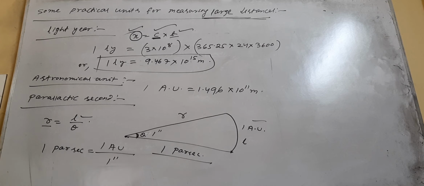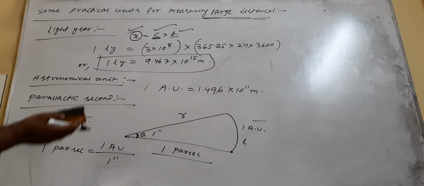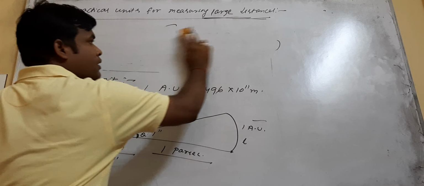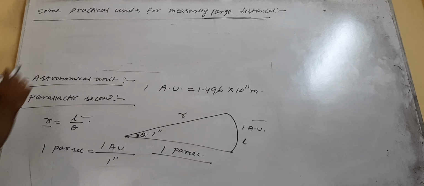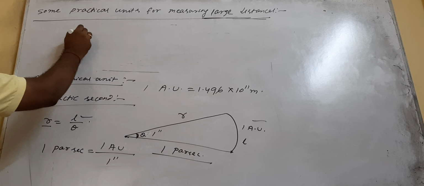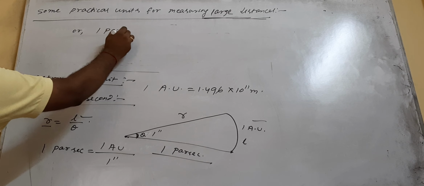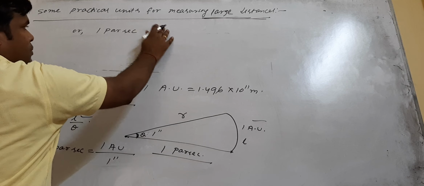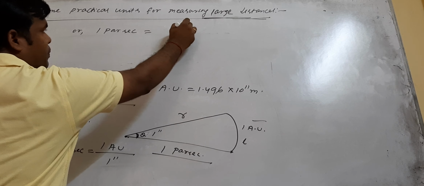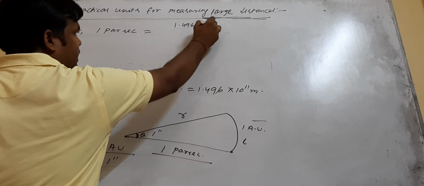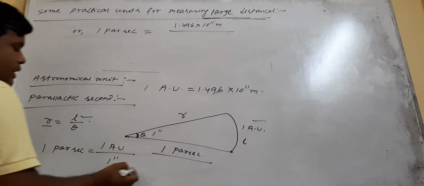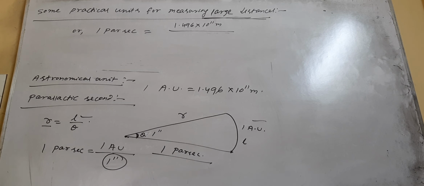When you convert astronomical unit into meter, that is 1.496 into 10 to the power 11 meter divided by 1 arc second.